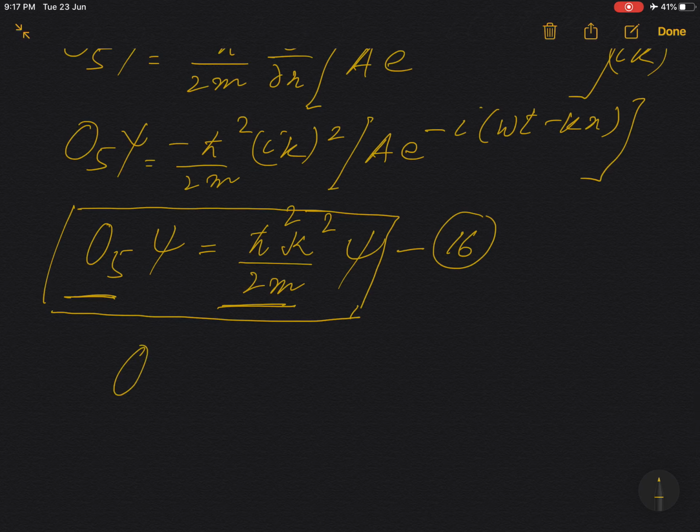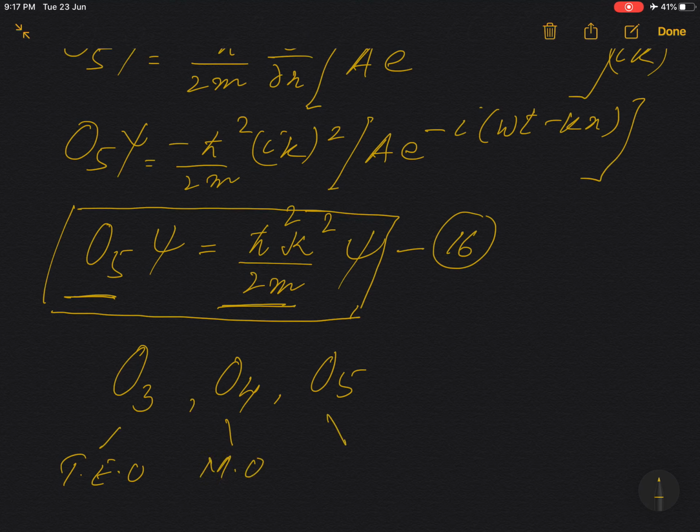So far we have got three different operators: O3, O4, and O5. Respectively, this was the total energy operator, this comes out to be the momentum operator, and this comes out to be the kinetic energy operator.